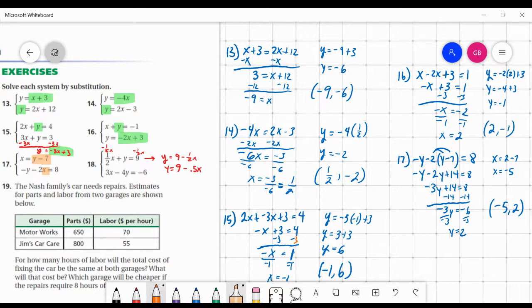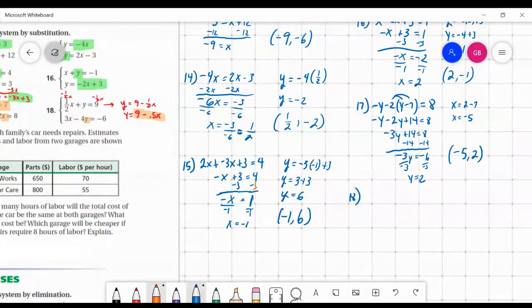So I could substitute it here for y. So 3x minus 4 times 9 minus 0.5x is equal to negative 6.